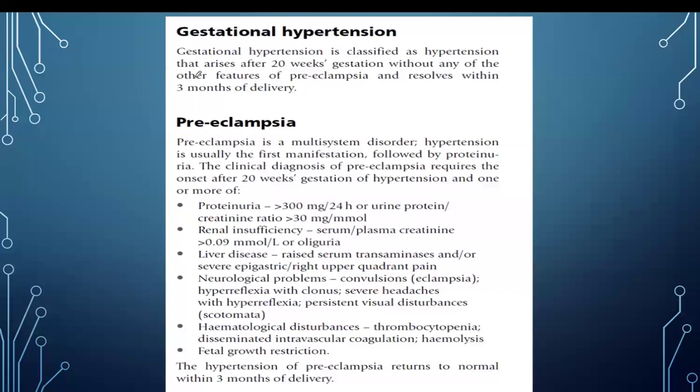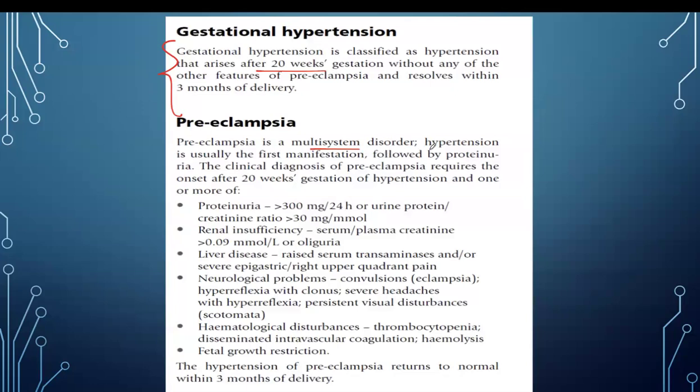Now, gestational hypertension, we talked about that. Gestational hypertension is hypertension that has occurred after 20 weeks of pregnancy, but doesn't have any other abnormal symptoms of preeclampsia, or any proteinuria as well. Now, remember, preeclampsia doesn't necessarily only need proteinuria. It can have multiple other things also because it is a multi-system disorder.